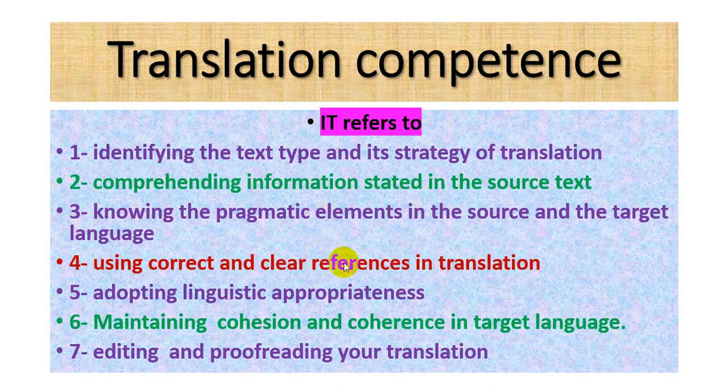And one of the most important items in translational competence is to use the correct references. Should I use he or it? Should I use they or him? And also you need to adopt linguistic appropriateness. Linguistic appropriateness includes a lot of items in translation. So when we translate, we should keep this in mind, linguistic appropriateness.